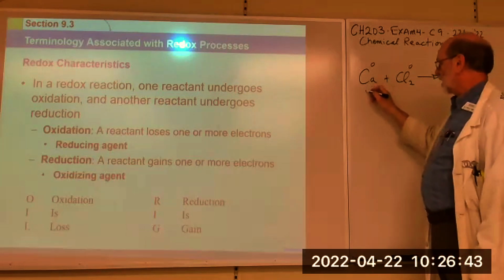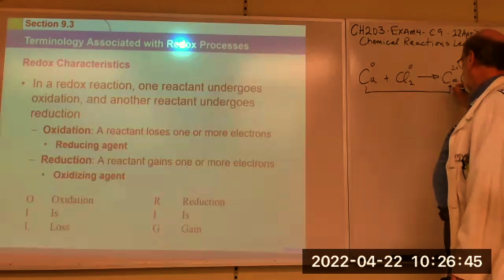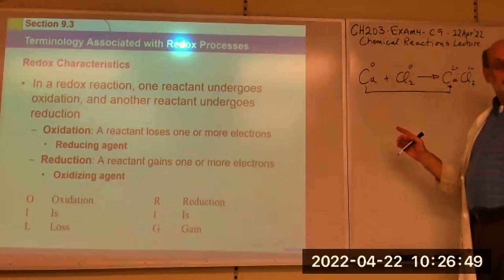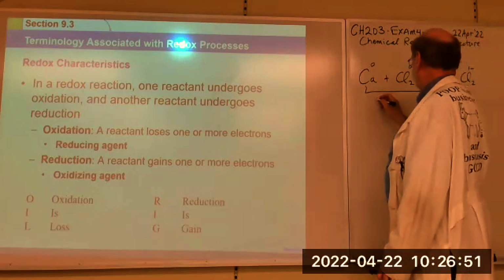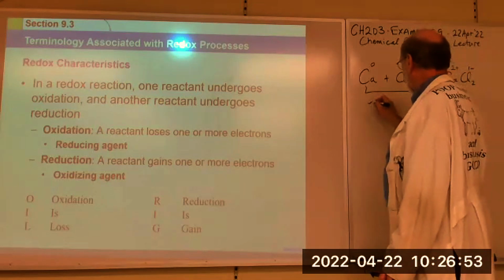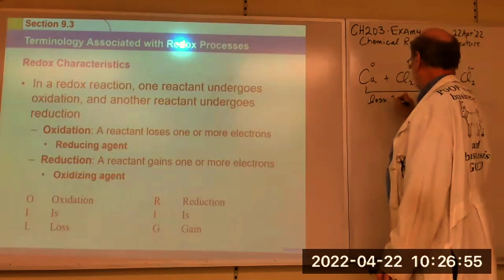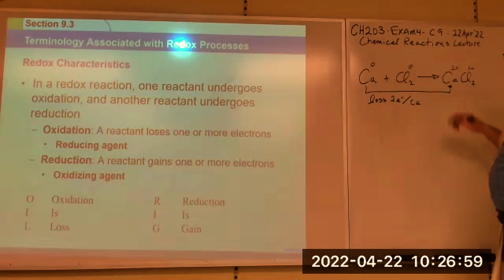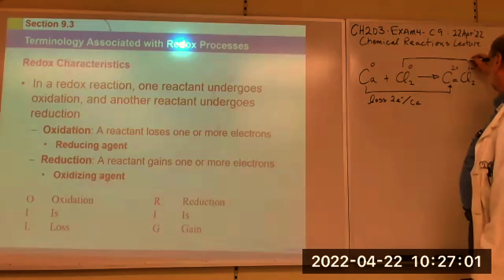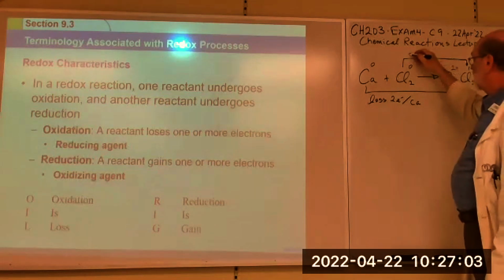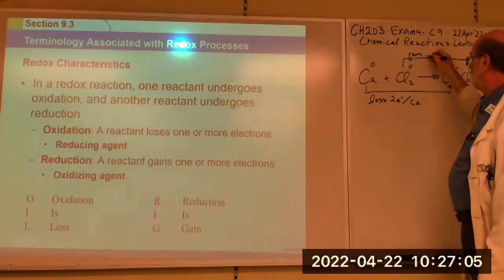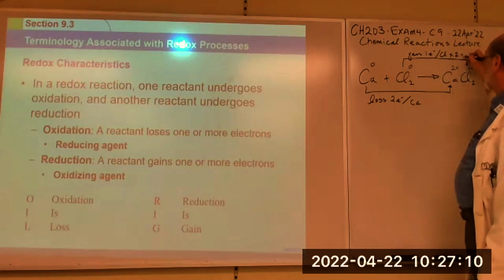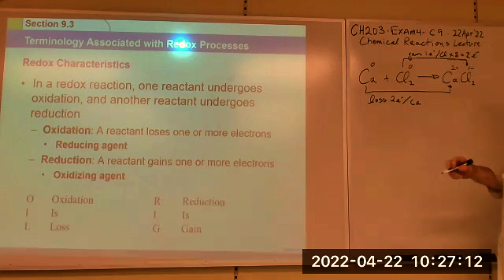I like to draw these connectors. What happened here? You had to lose electrons, right? So we have a loss of 2 electrons per calcium. That means here we had to gain 1 electron per chlorine, times 2 equals 2 electrons.